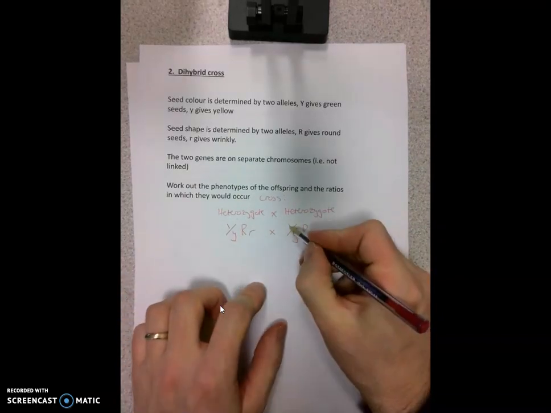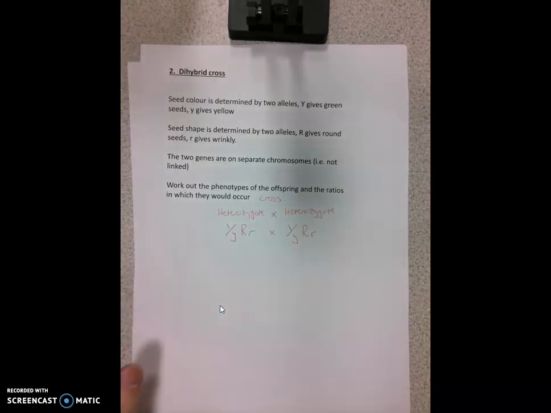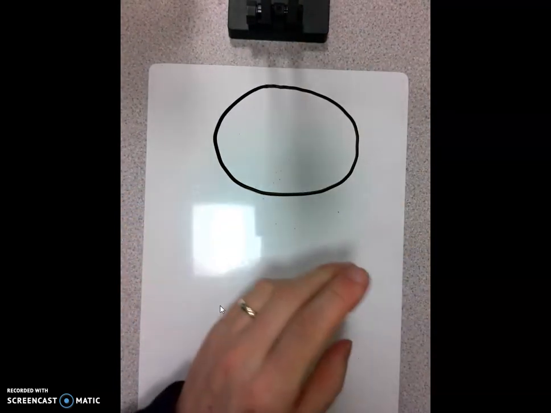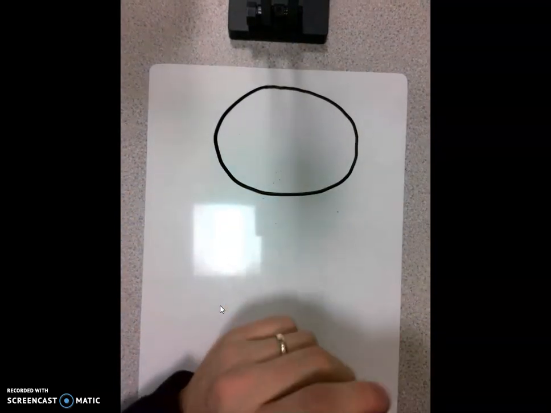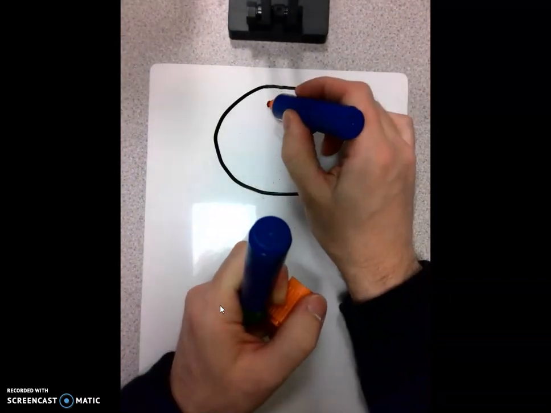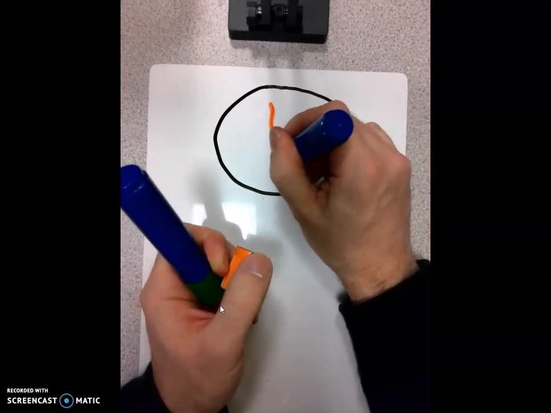Now, in order to understand how we unpick what's going on here, we're going to go to one side for a second. We're going to start thinking about meiosis again. Now remember, we did this at the very start, and we said, right, when a cell's getting ready to undergo meiosis, the chromosomes are going to line up in the middle in metaphase. I'm going to use different colours for the chromosomes that we've got.